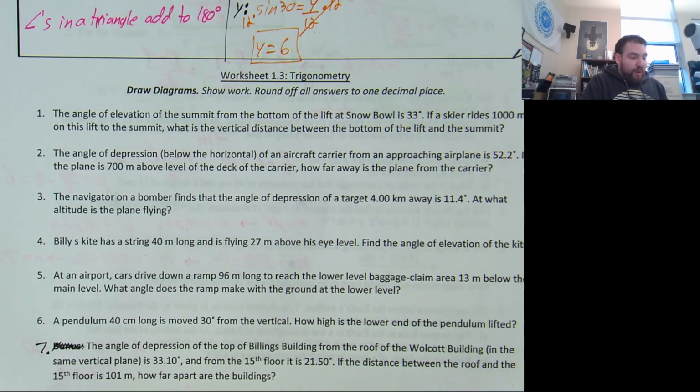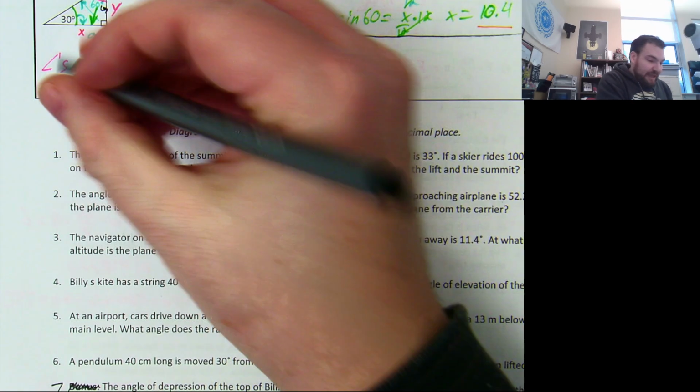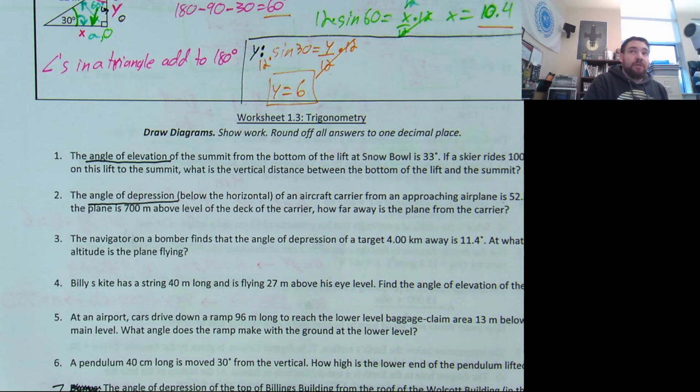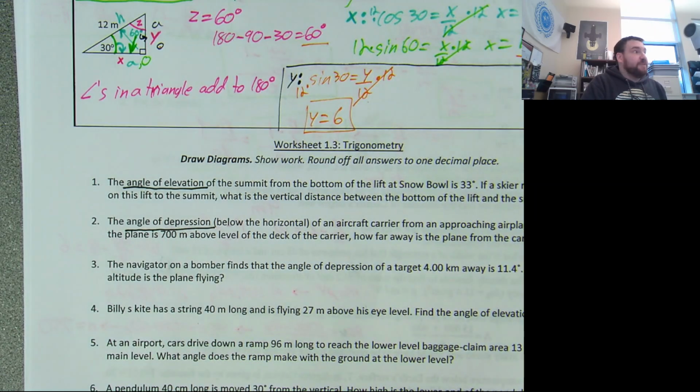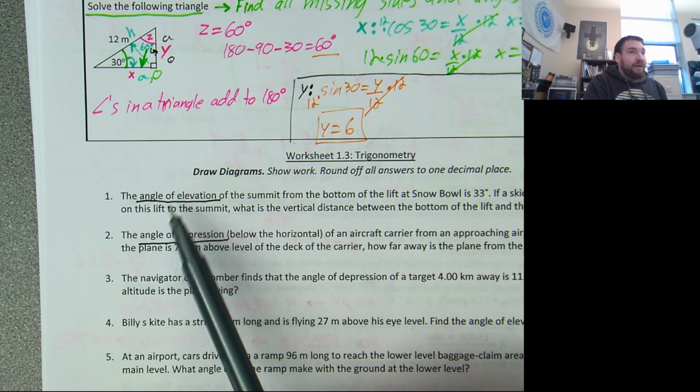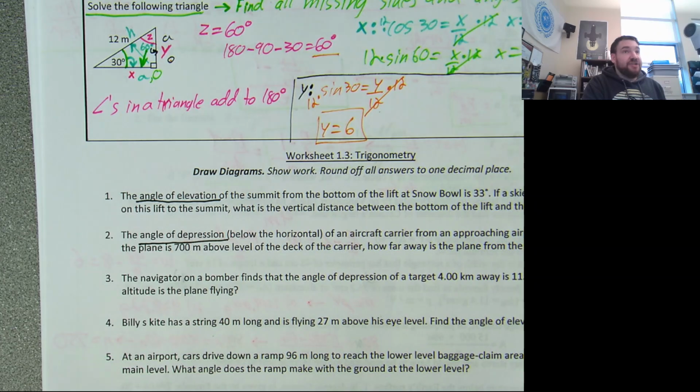I'm going to review real quick some of this language here. Angle of elevation in question 1 and angle of depression in question 2. This was language you would have been exposed to the first time you looked at trig. Does anyone remember, what is the angle of elevation? The angle between the horizontal line and the hypotenuse, if the hypotenuse is going up.